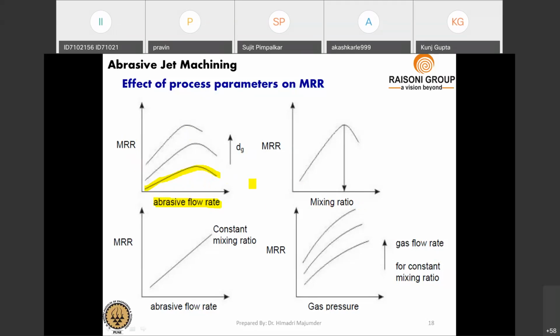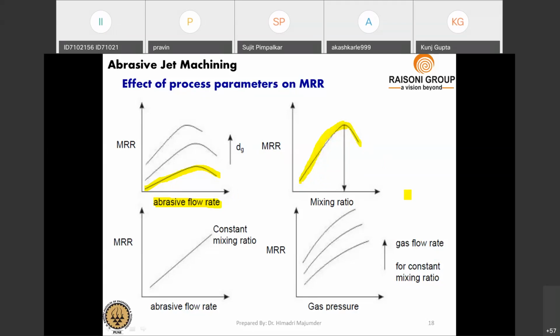If we increase the mixing ratio, you will see that the MRR increases exponentially. Here the MRR increasing rate is much higher than in the previous graph. In the beginning it increases exponentially, and after some point, it again gradually decreases.